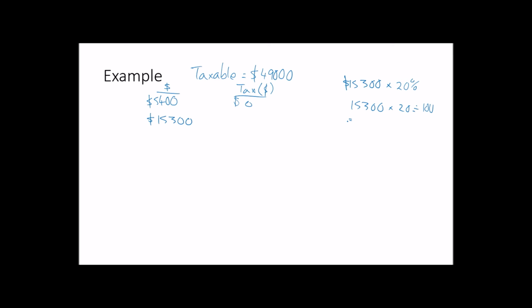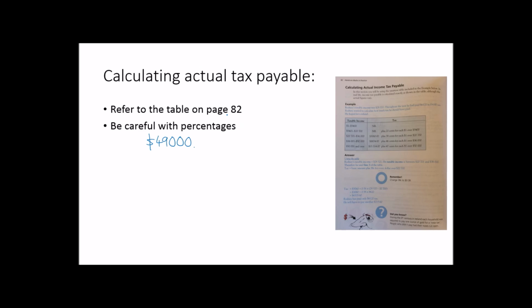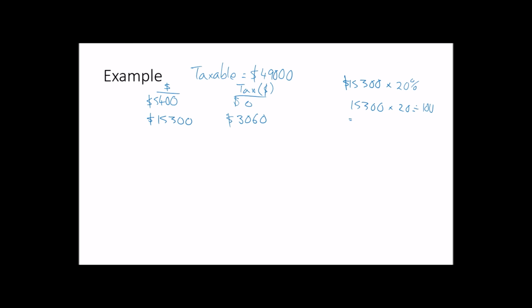And what we get for that is $3,060 that he would pay on that amount. Now we look back again and we see that the next tax bracket is from 20,700 up to 36,000. So that is $15,300 that he is going to pay in the next tax bracket.